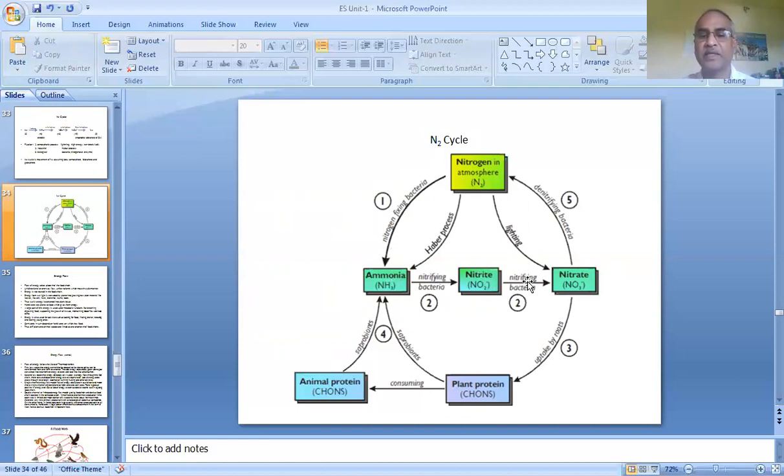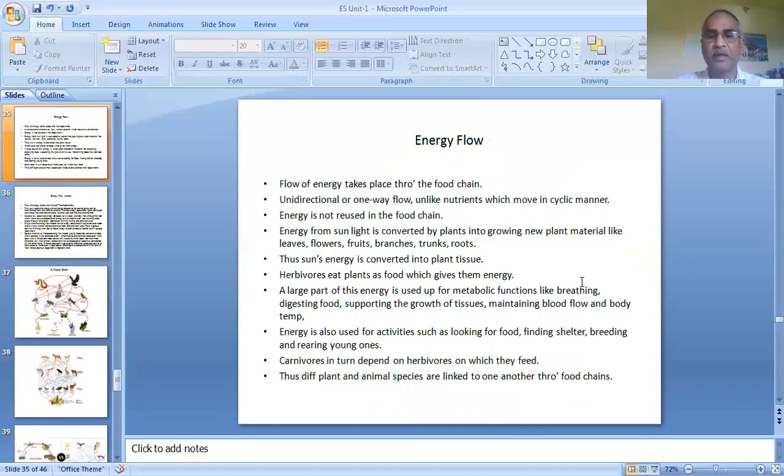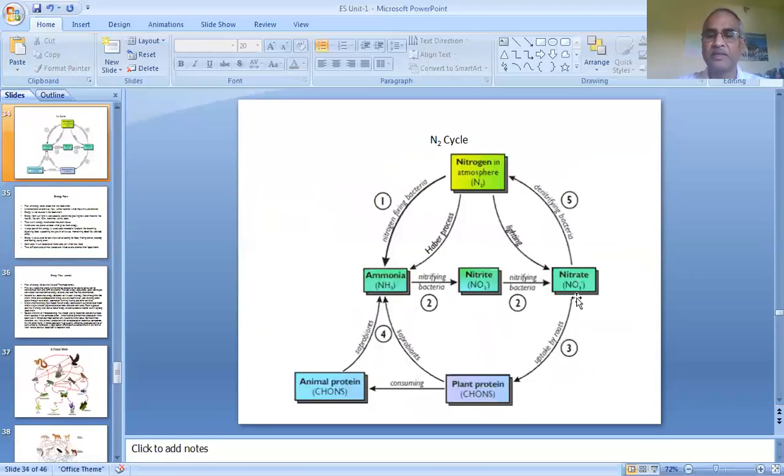And these nitrites again are converted into nitrate by nitrifying bacteria. And this nitrate is taken up through roots by the plants, and they make proteins out of it. And these proteins are consumed by animals, producing animal proteins.